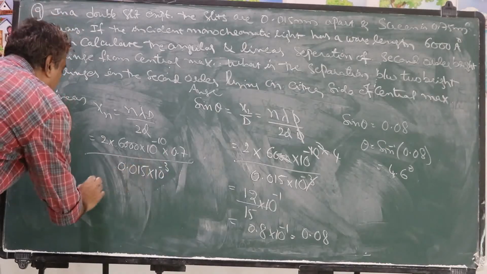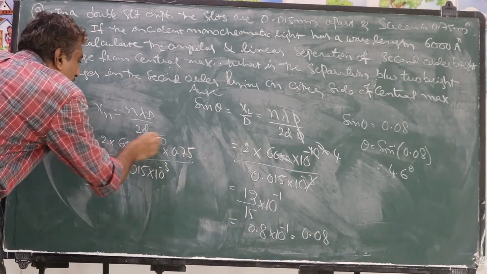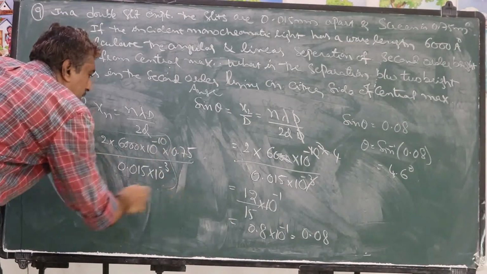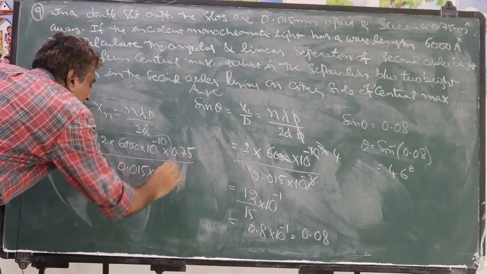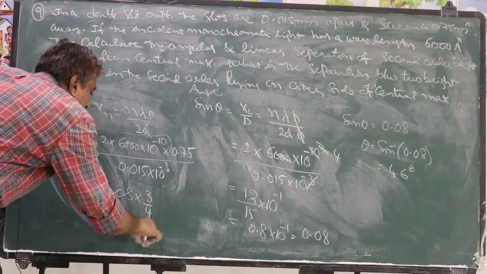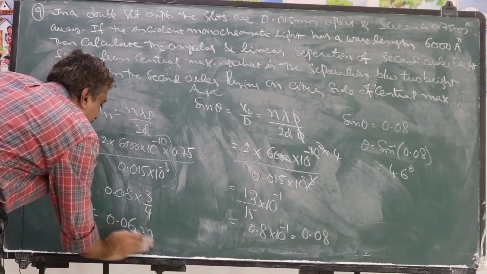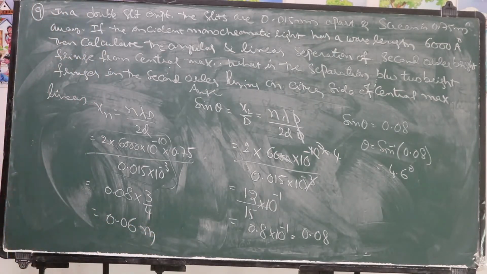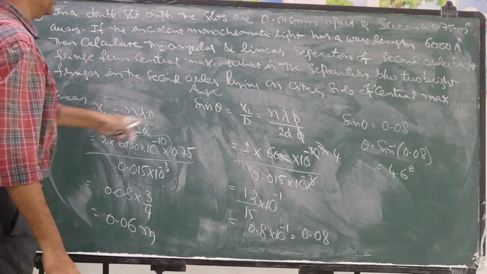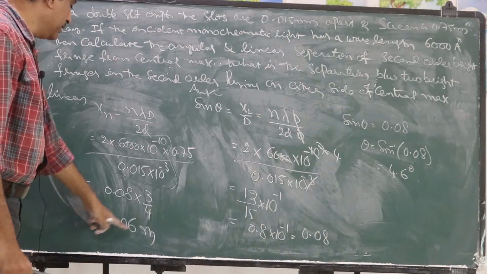So you can write it as this value, total this value is 0.08 into 0.75, which can be written as 3 by 4, that is 0.06 meter. Okay, angular separation is 4.6 degree and linear separation is 0.06 meter.